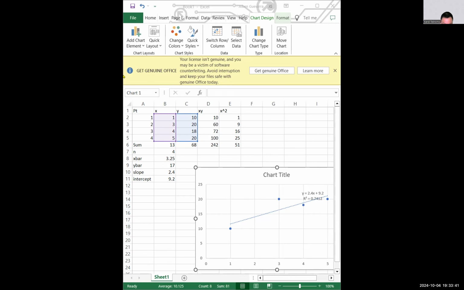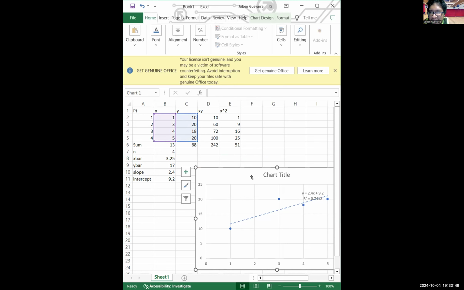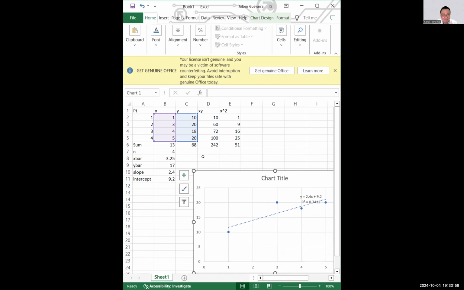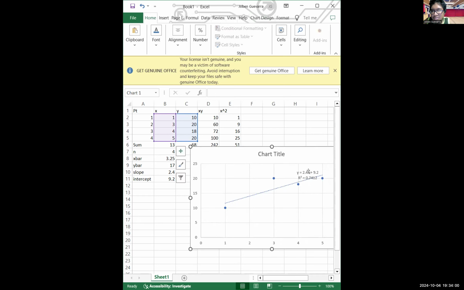Now you have, I did both methods, sir. The hard calculations, then the plotting. So 2.4 and 9.2. Very good. Both shown. Here's the equation and plotted. Correct, but it has a low value of R squared.